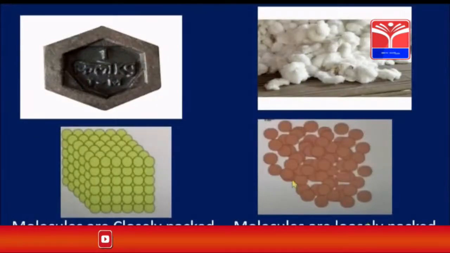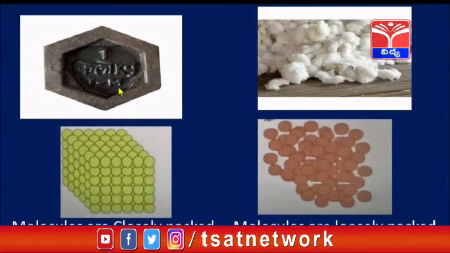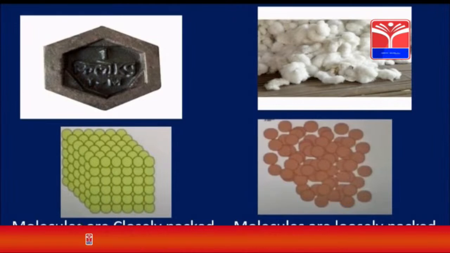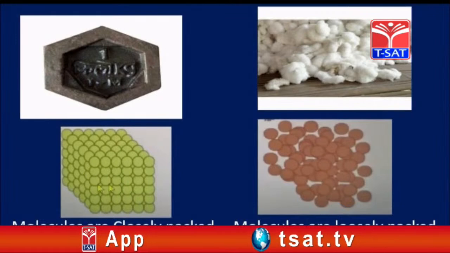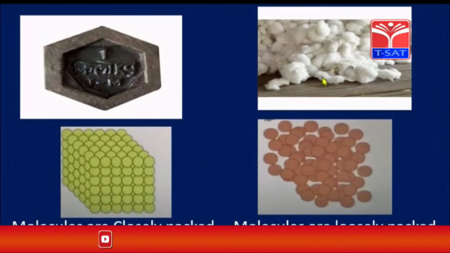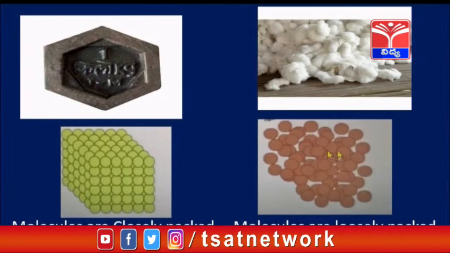You can see clearly the structure of the molecules in case of iron weight. The molecules are closely packed. Dear children, this is the orientation of the molecules which are closely packed in case of iron weight, whereas in case of cotton the molecules are loosely packed.